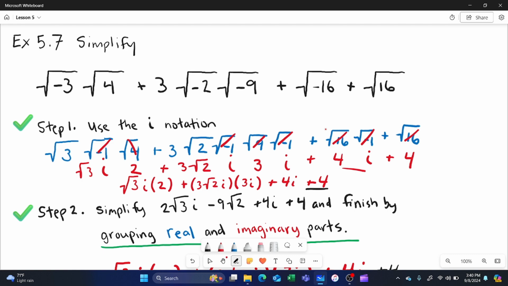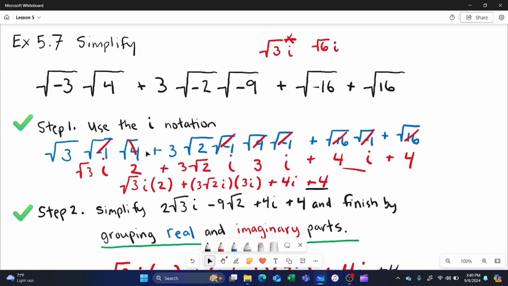So when doing these, be on the lookout for something like a 3 and an i, that this right here is not above, right? That's a no-go. They're usually on the outside of your radical. So you use the i notation, right?